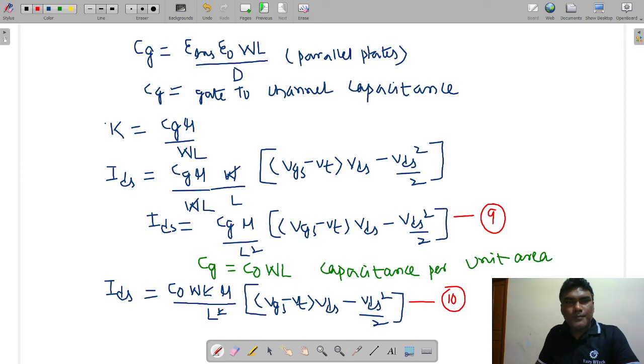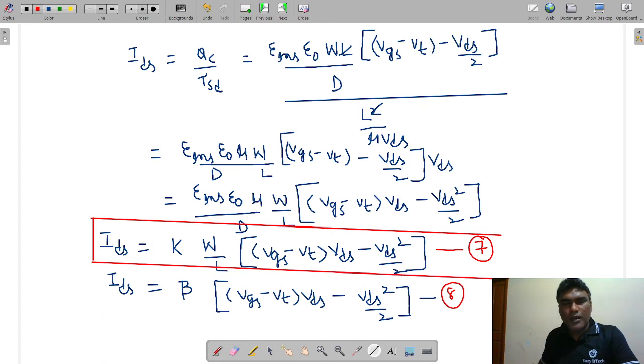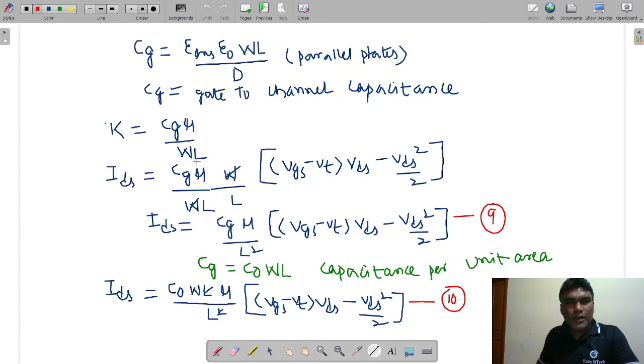This is the non-saturation region. What happens? First we wrote this K. Let us take this in a box. We have taken this in a box. So K into W by L is the current equation in non-saturation, and this beta, and this in terms of CG.